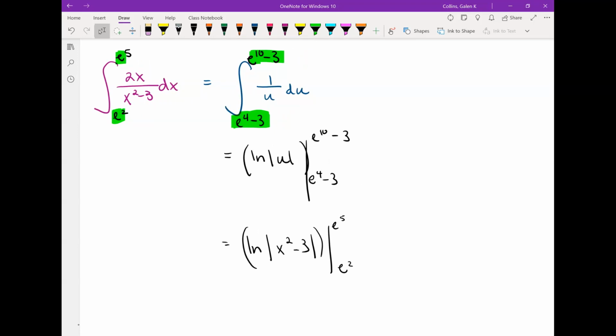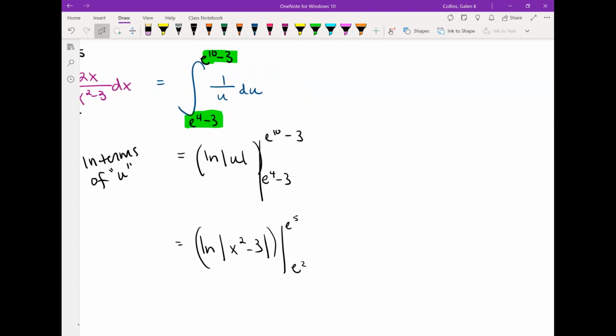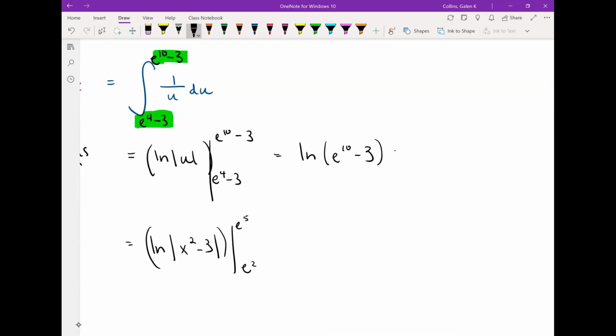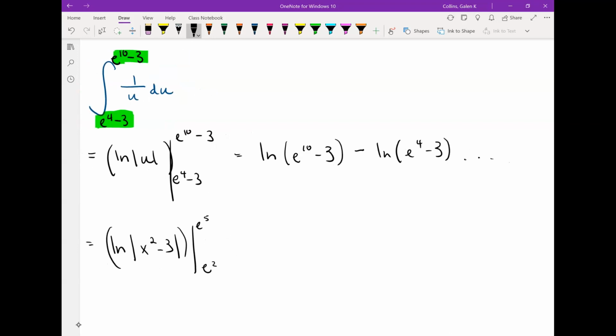So if I evaluate this definite integral in terms of u, that's what's on top, I'm going to have the natural log of e to the 10th minus 3, which is a positive number, and then that would be minus the natural log of e to the 4th minus 3. And from there, I'm not going to go through all of the log rules, but we could rewrite that using log rules.